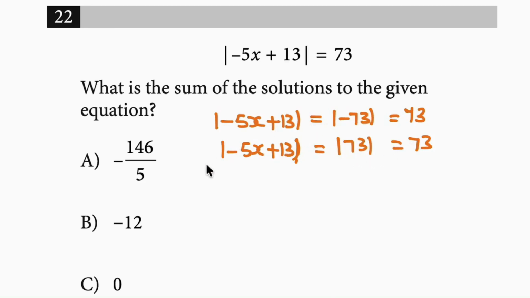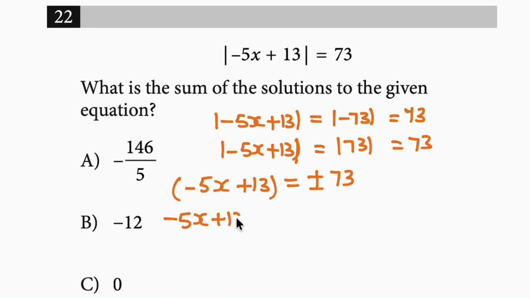So if I want to write -5x + 13 after removing the absolute sign, this 73 can be positive or it can be negative. So when we write two equations together, we just put two signs. Now let's form two equations out of it.